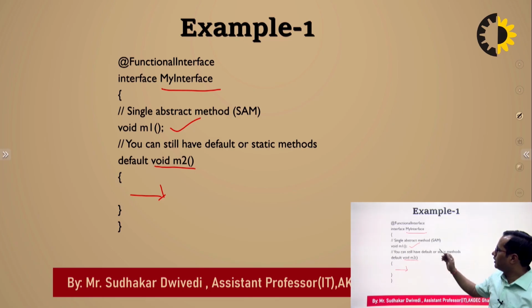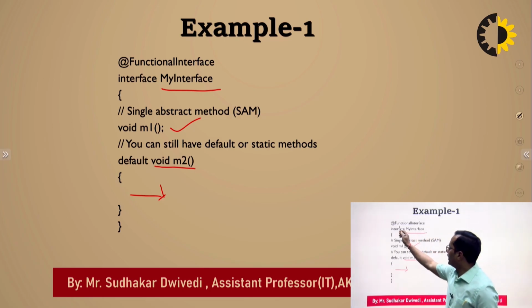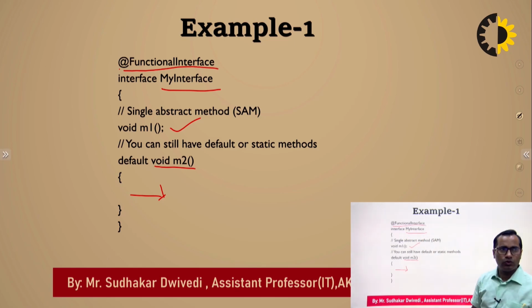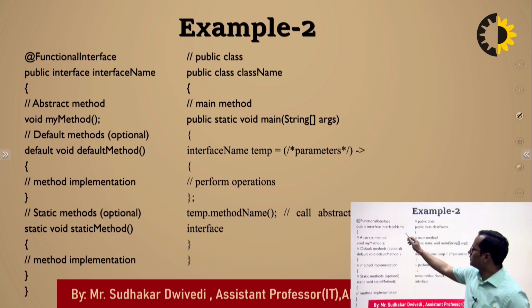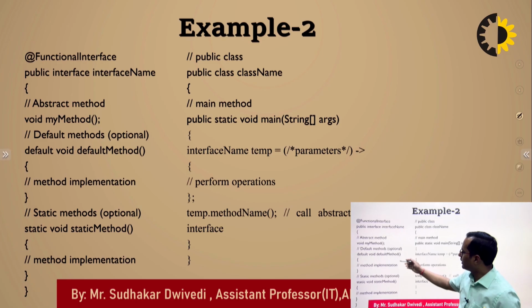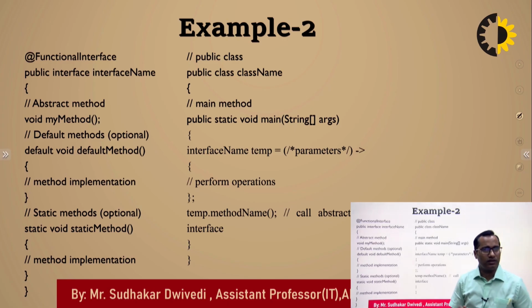As we can see here, we have provided an annotation @FunctionalInterface. So what is the purpose of this annotation? We will discuss it. We have written the FunctionalInterface annotation to just denote that whatever interface we are writing is a functional interface. That means it will only contain a single abstract method.